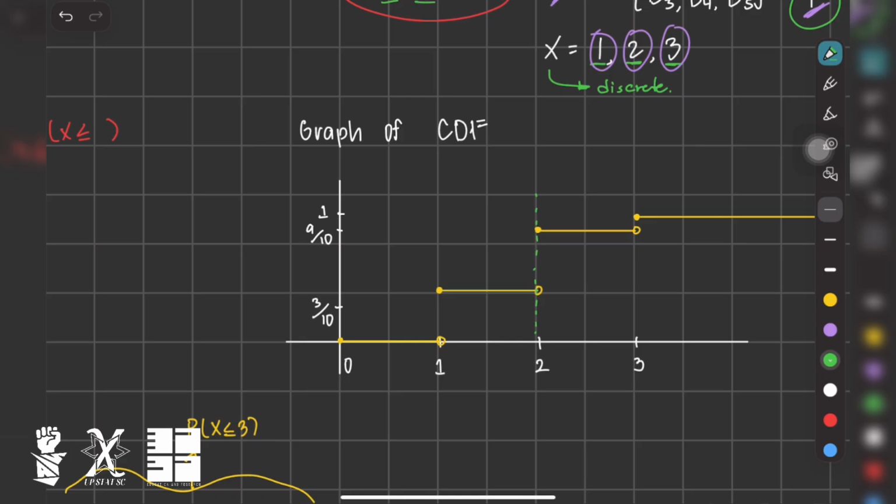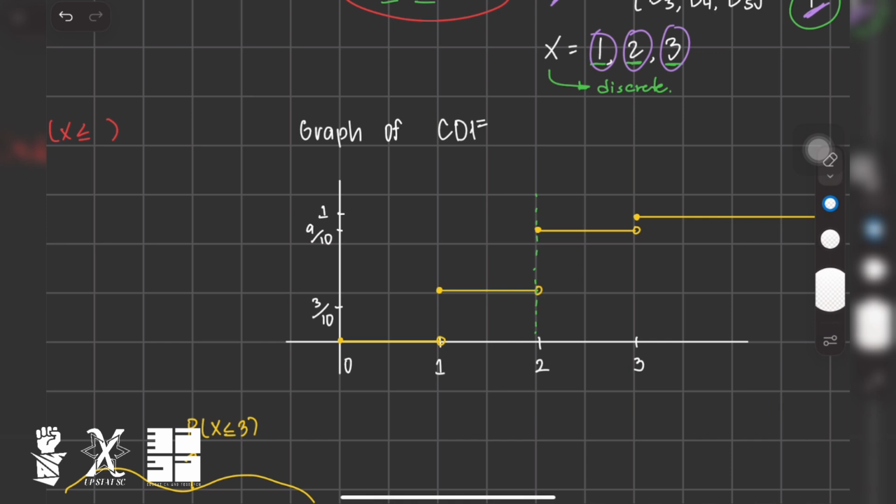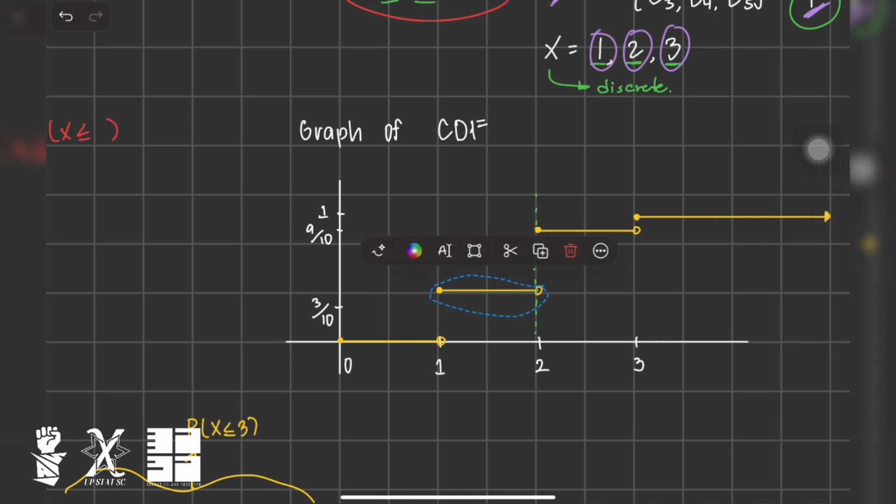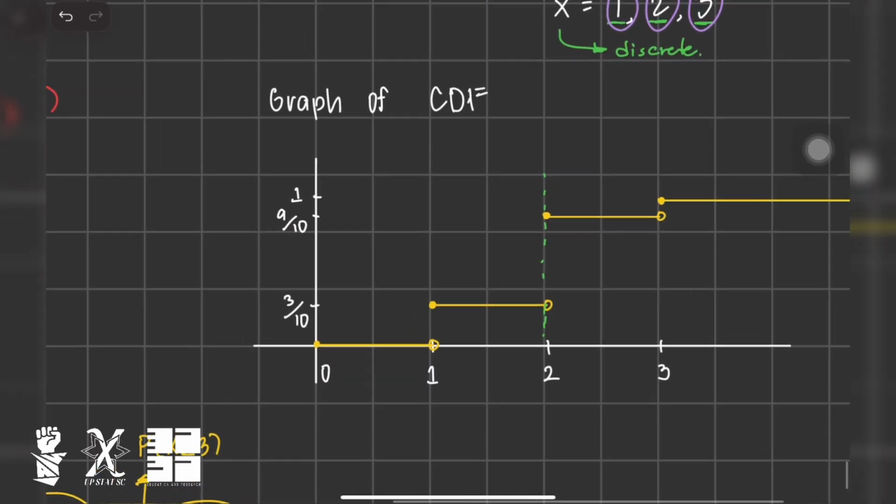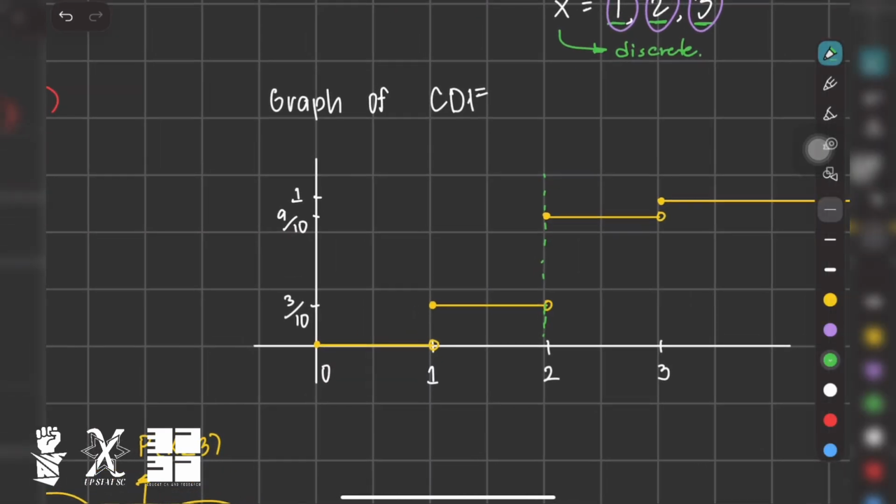Sorry, this should be up here. This should be around here. When we look at values from the left of 2, our corresponding y value is 3 over 10. So you're looking at this side.